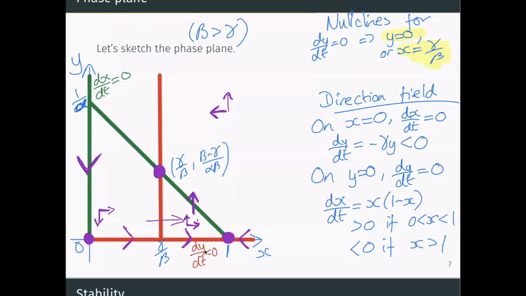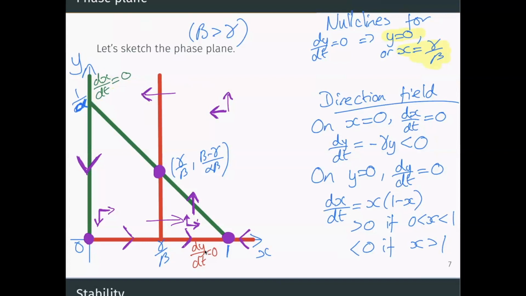Again, if I now start moving in this direction, as I pass through this red null line, I have to be moving to the left because I've not changed through a green null line yet. And then I'm now transitioning into this top left region here. In that region, I have to be moving left and down.